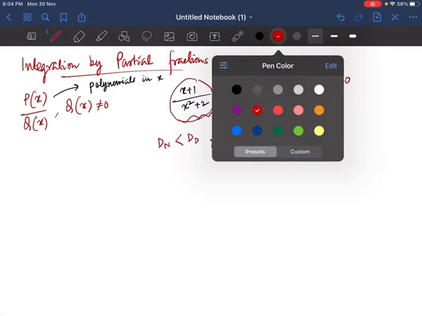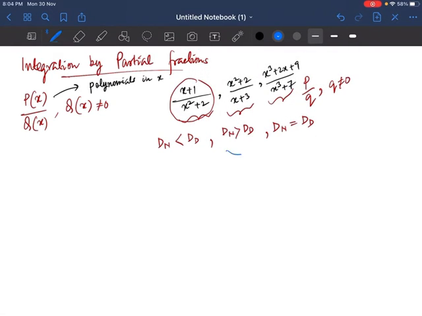So whenever the degree of the numerator is greater than or equal to the degree of the denominator, we call them improper rational functions.